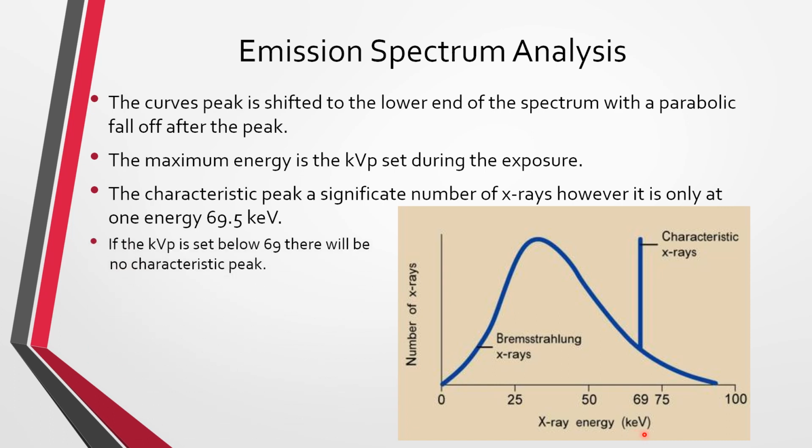If the kVp is set below 70, there is no characteristic peak. The useful characteristic X-rays, which are from the K shell, can't be produced, because the electrons don't have enough energy to break the binding energy of those K shell electrons. So there will be no characteristic peak if the exposure is below 70.